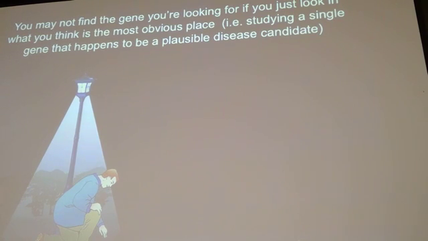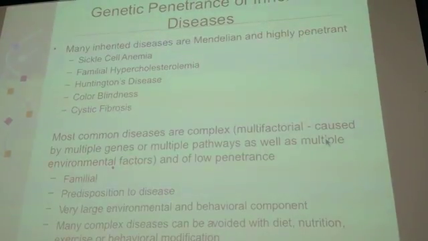But as I'll show you, there's a lot of other genes that can influence cholesterol or any trait that are not the ones we think are obvious. And so the fun and the excitement in this field has been to go beyond the obvious, looking just under the streetlight, but looking for something.